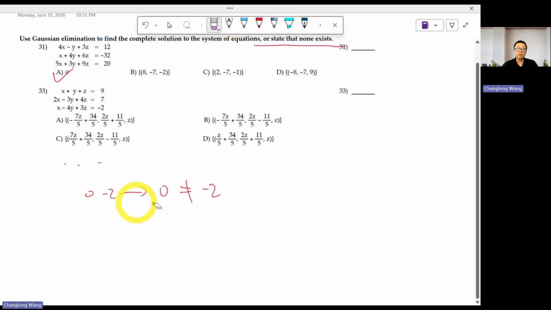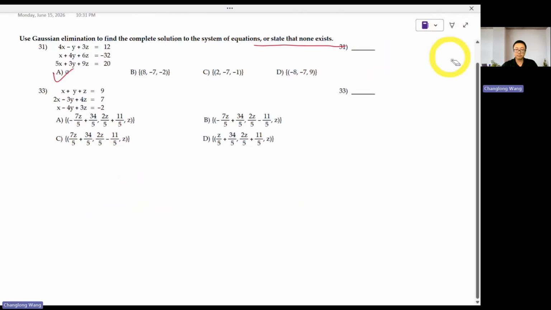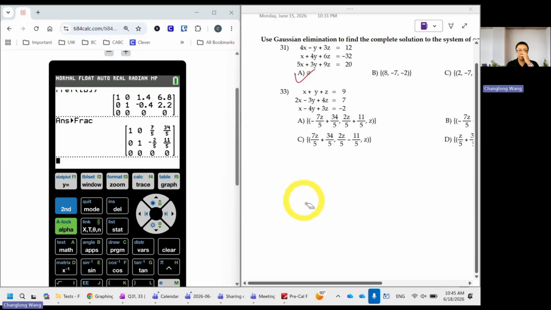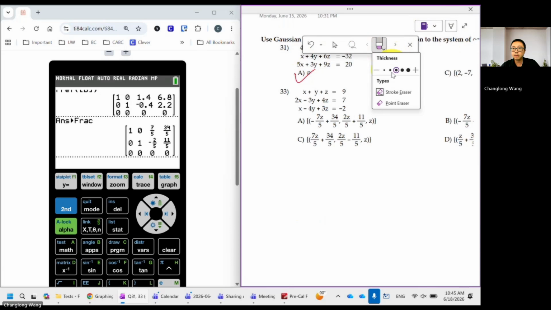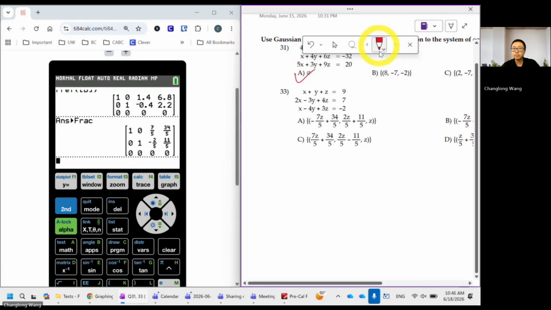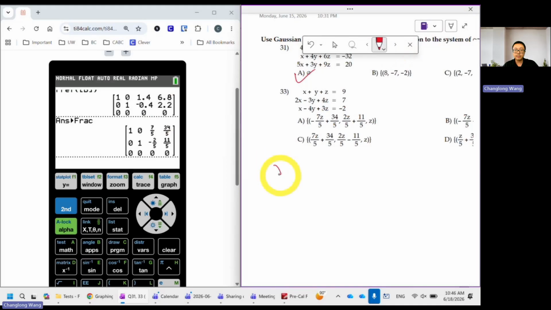So now let's write it out. We have, I go with the fractional form. The first equation reads x. You know what?